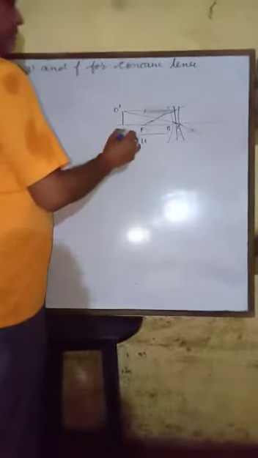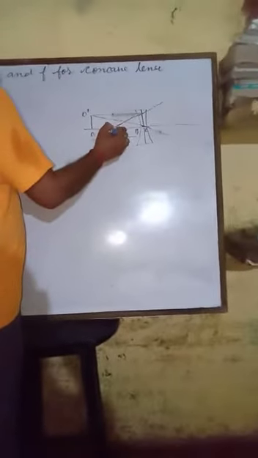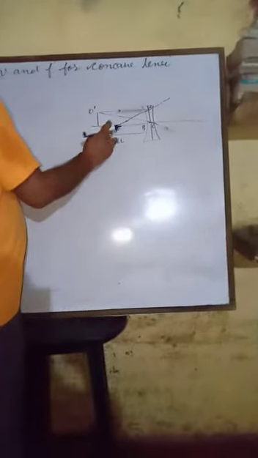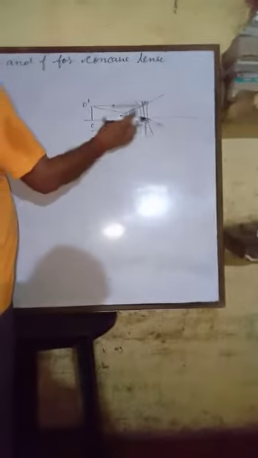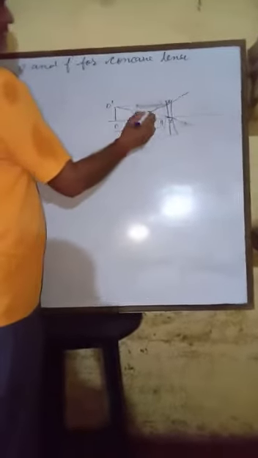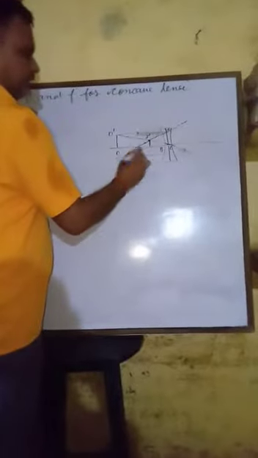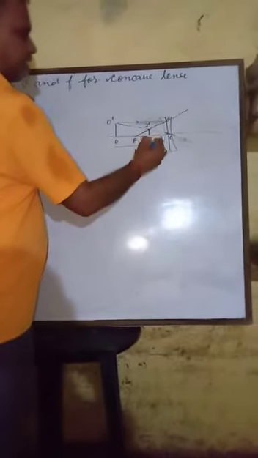The light rays AF and OC meet together at a point I dash. From there, if we draw a perpendicular on the principal axis, I dash is the image of the object O dash.